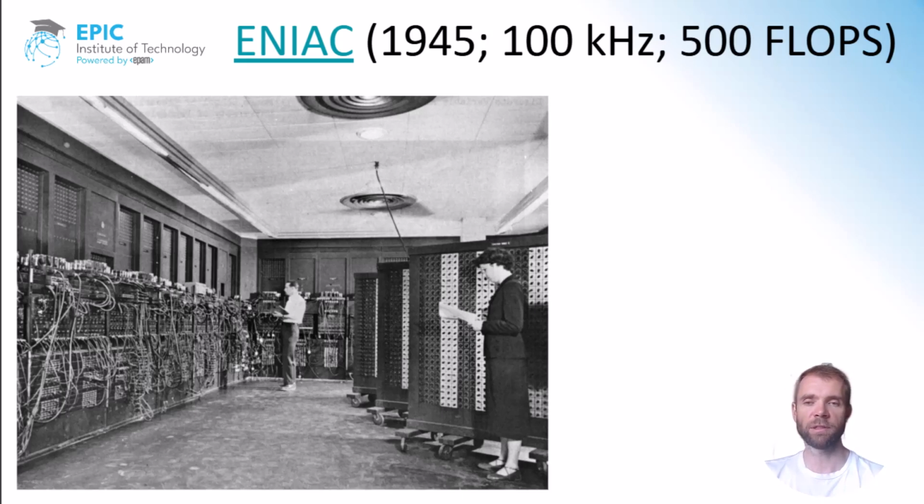This computer had a clock cycle of around 100 kilohertz, and it was able to carry out about 500 floating point operations per second. FLOPS, floating point operations, means that you can add, subtract, multiply, divide two floating point numbers about 500 times per second, which was pretty fast and clearly much faster than any human being or even reasonably sized groups of human beings could do.